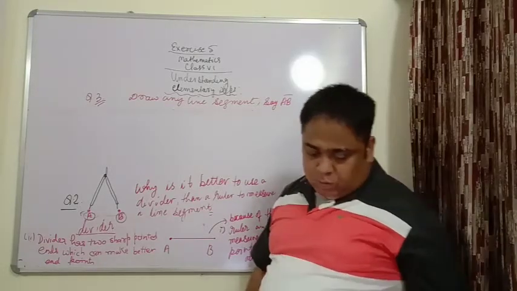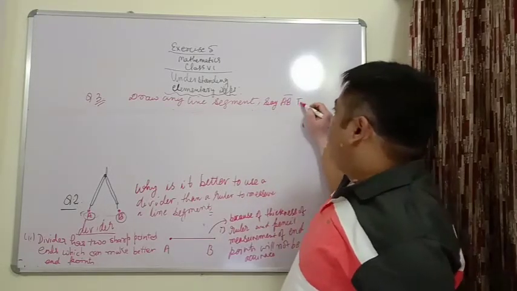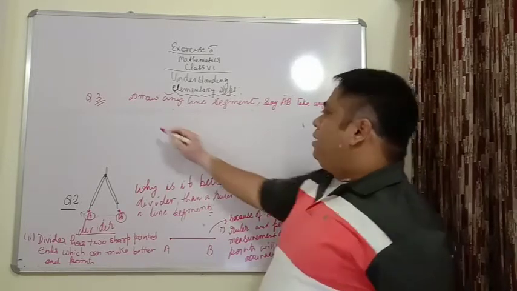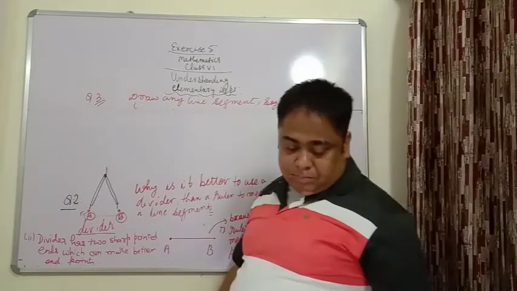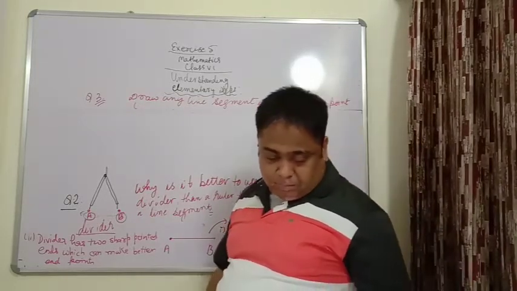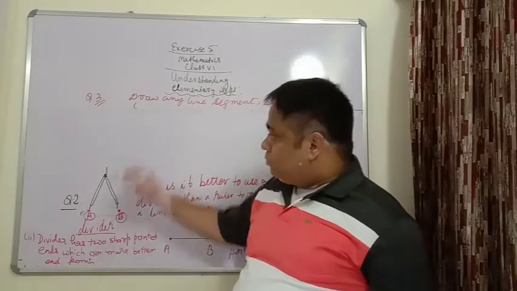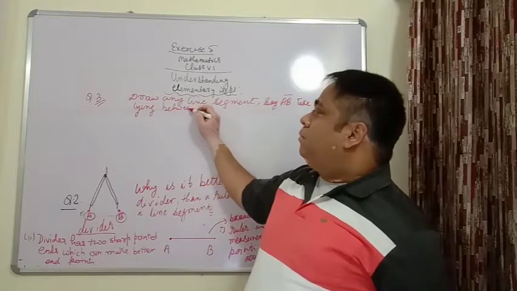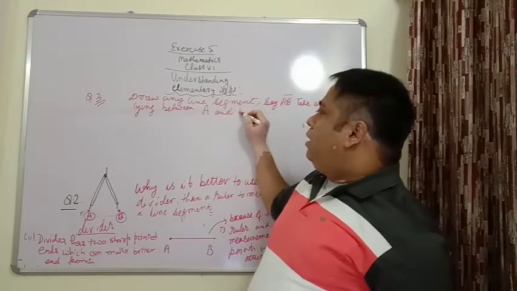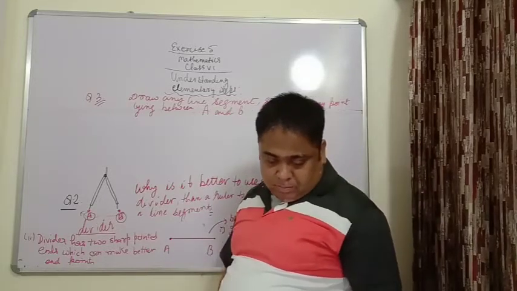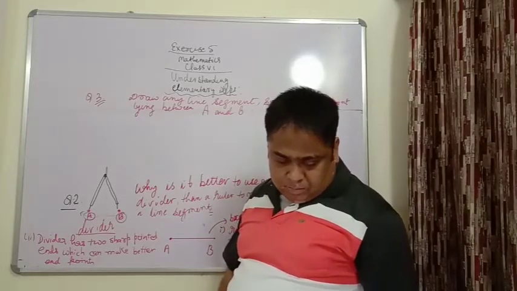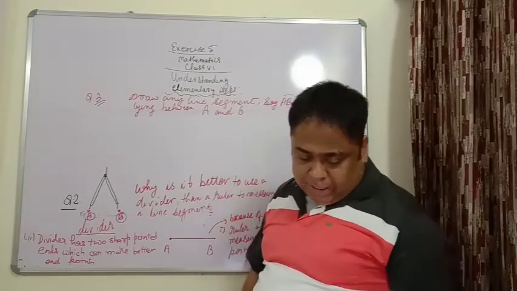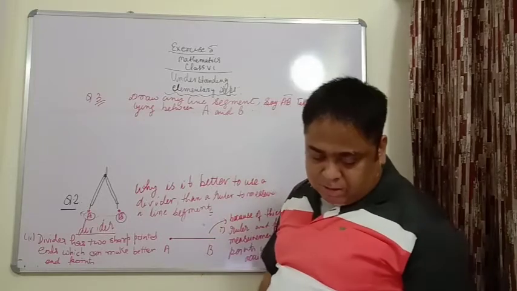Take any point C lying between A and B. Measure the length of AB, BC and AC. Is AB equal to AC plus CB?